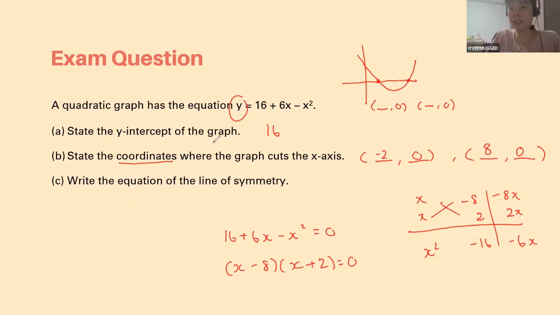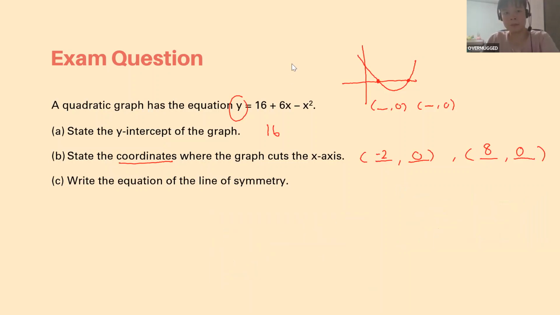Alright, then how can you find the line of symmetry? Can you remember? You need to add the two x coordinates together and divide by 2.